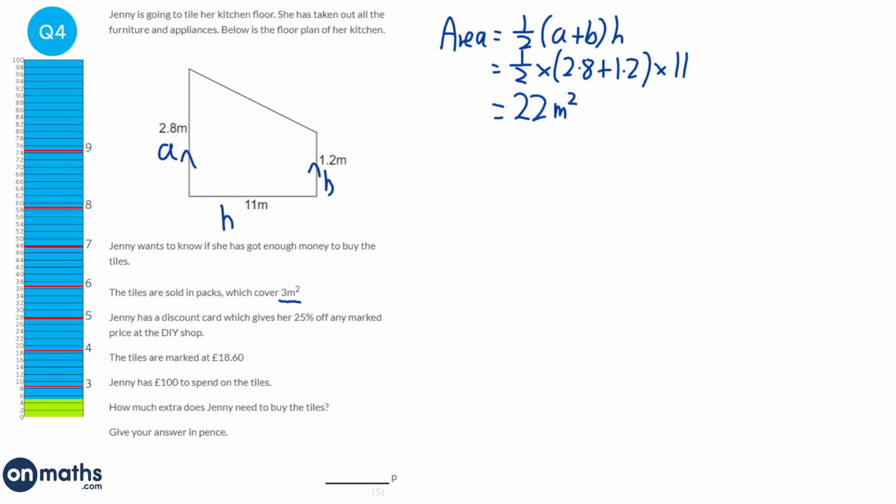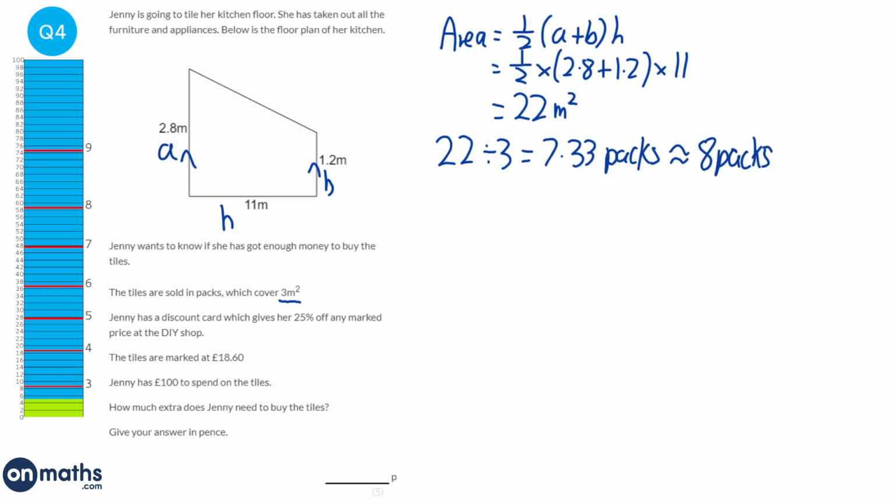So if each pack covers 3 meters squared, we're going to do 22 divided by 3, which will be 7.33 packs that we need. Now obviously you can't get 0.33 of a pack, so we're going to have to get 8 packs and just have some left over. So we'll need 8 packs in total.